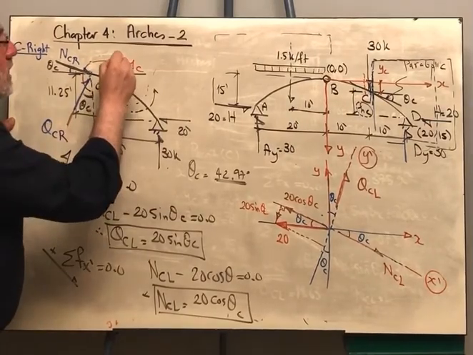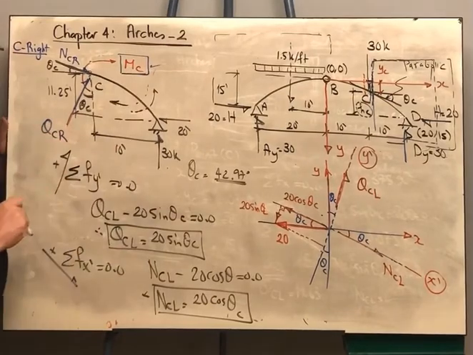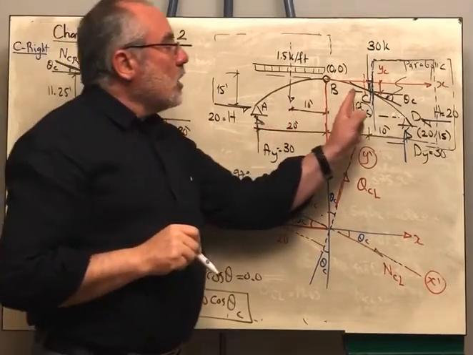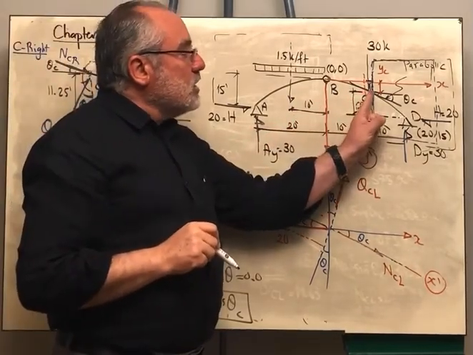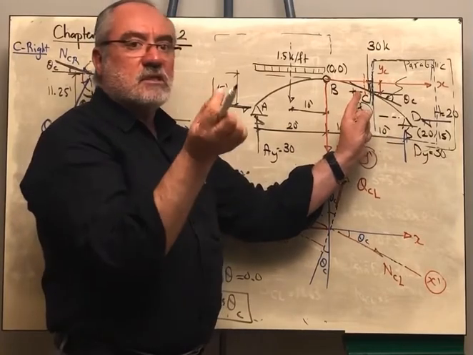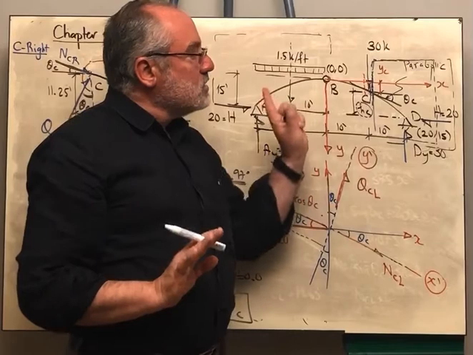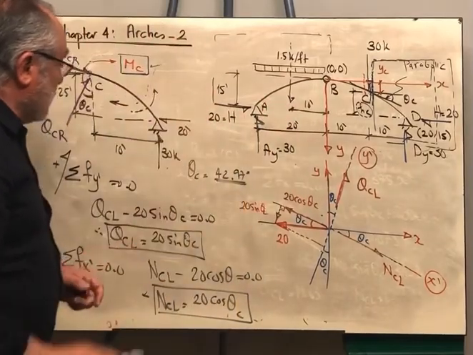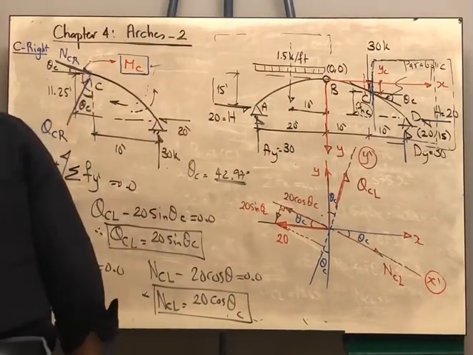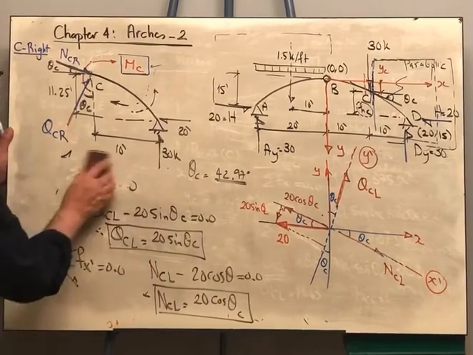The moment is the same as before, because when you are cutting a section here or here, it wouldn't make a difference because this distance is 0, so it will give you the same result. The moment is not different. The thing that will differ is the shear and the normal force.